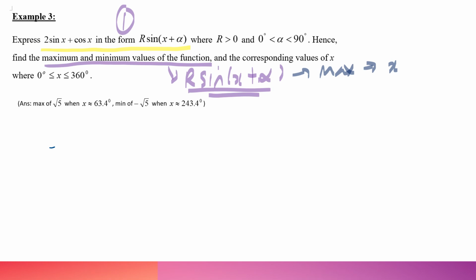X is an angle. What angle, when you substitute into here, will give you the maximum value for r sine bracket x plus alpha? So there are 3 things you need to solve in this example 3. All right, so let's start.